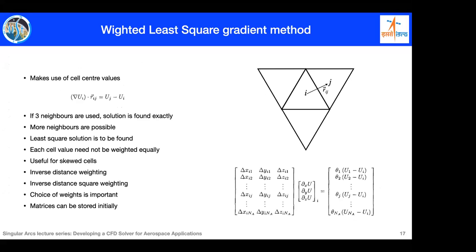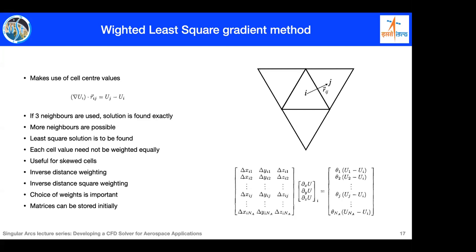If we don't want to use Green-Gauss, then there is another way called least square gradient. You can imagine we write a Taylor series of Uj with respect to Ui, and then we get an equation like this, where the difference between Uj and Ui can be written as the gradient times the distance vector between the two. Now in this figure, there are only 3 neighbors, but in 3D, there can be 6 neighbors also.